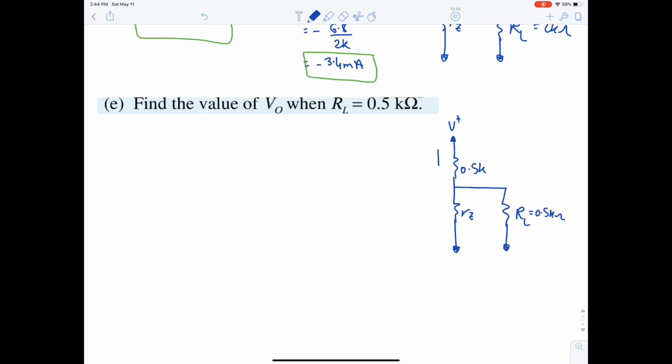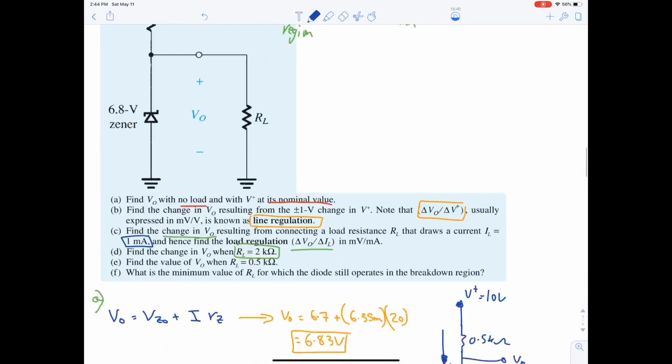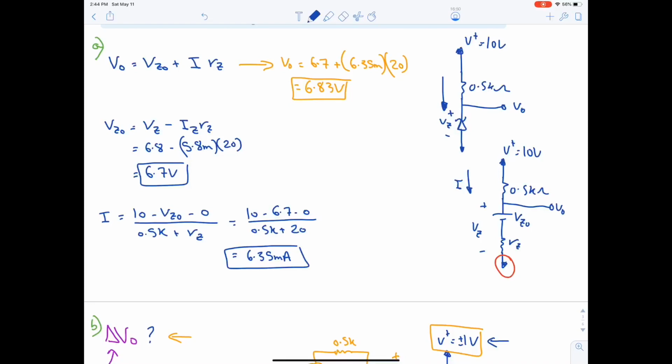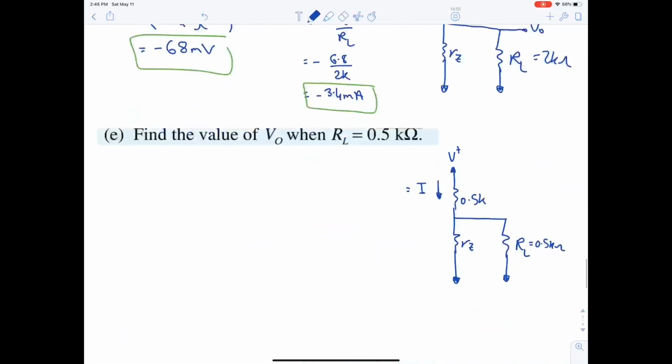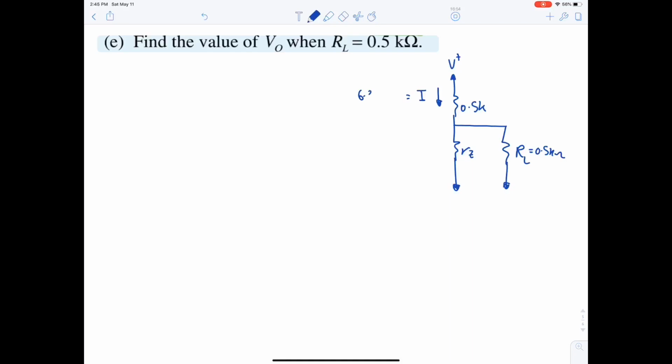Now what was I from the first part? 6.35 milliampere. What's IL? Let's compute IL. IL is V naught divided by RL. V naught was 6.8 divided by 0.5K will result in 13.6 milliampere.